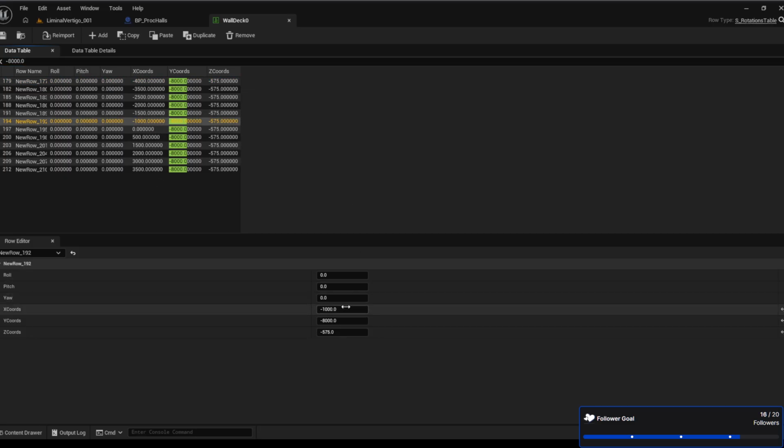This needs to become negative 500. And this needs to become negative 1,000. And then this one needs to become negative 3,000. And then this one needs to become negative 3,500.